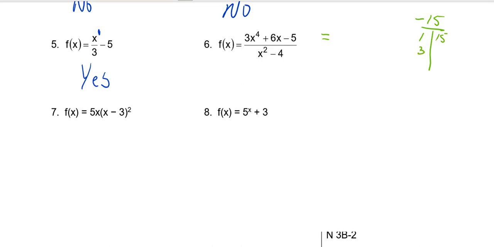We don't have anything that we can factor out. We got 3 and 6 and negative 5. I don't see anything that adds up nicely to give me the middle number. So I don't see where that would divide. None of my things is going to be a positive or negative 2. Not going to come out nicely at all. I'm going to say right now it's a no.